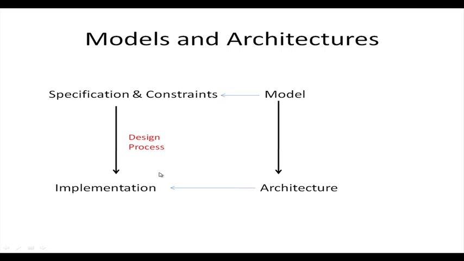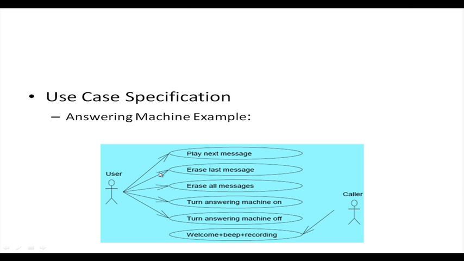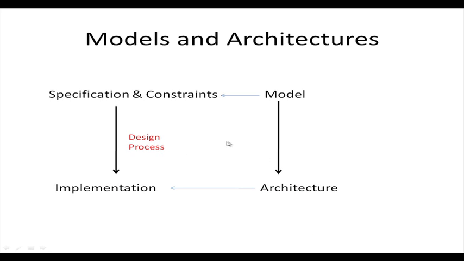All right. Now we know that the simplest specification is that of natural language, but natural language has got its own ambiguities.